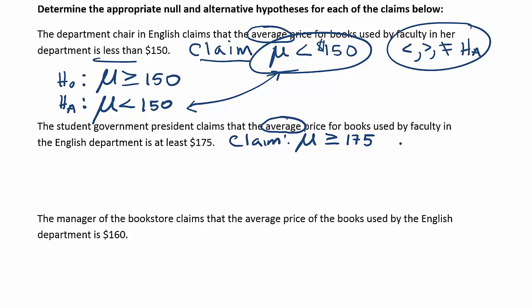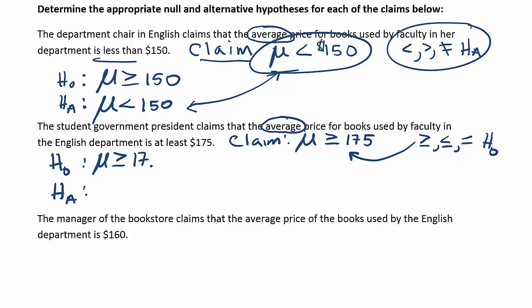So again, now we look at the claim and we say, hey, where's this symbol? What type of symbol is it? Well, remember that if it's greater than or equal to, or less than or equal to, or equal to, that belongs to the null hypothesis. So in this case, the claim is the null hypothesis. So we'll say, okay, H sub 0 versus H sub A. And the null hypothesis then is that the mean is greater than or equal to 175.